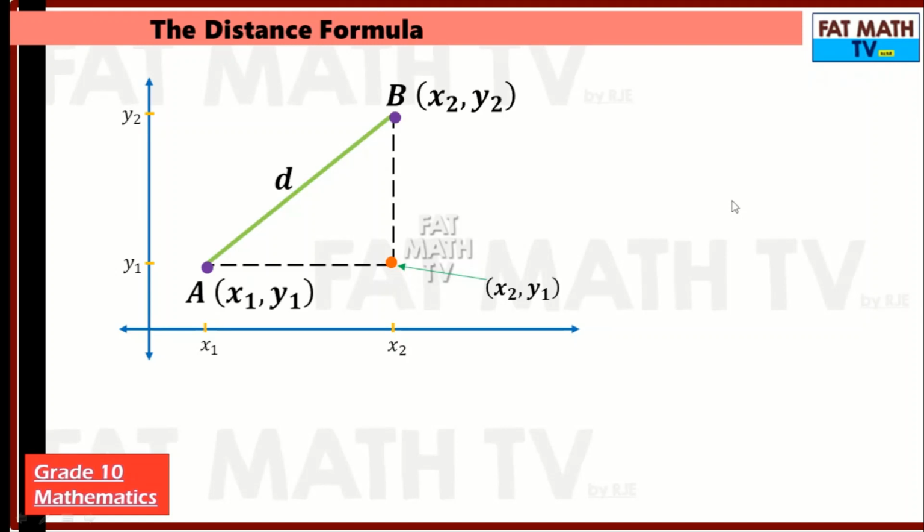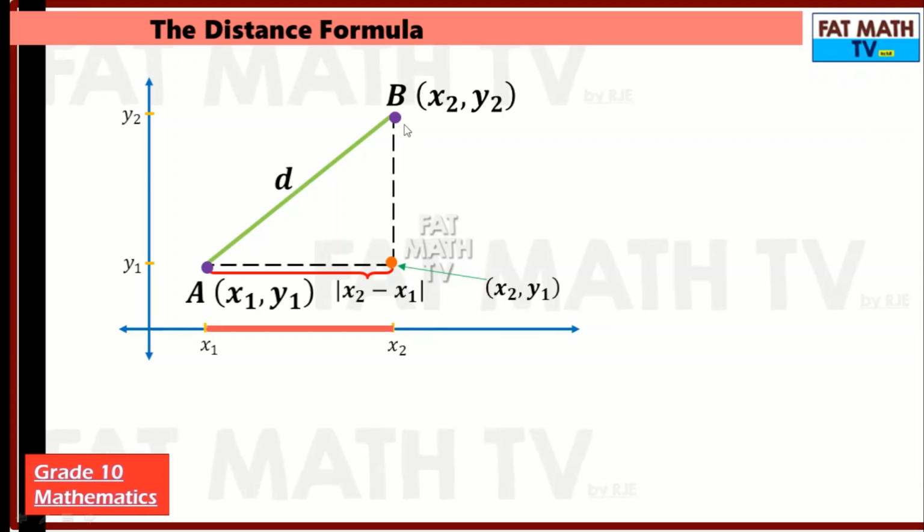But how long is each leg? For this horizontal side of the triangle, since the 2 points are horizontally aligned, we just take the absolute value of the difference of the x values, so x sub 2 minus x sub 1. That is how long it is, since the y values, y sub 1 and y sub 1, are the same.